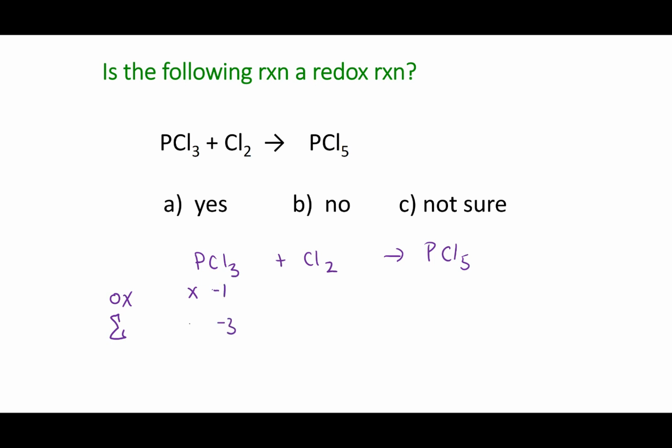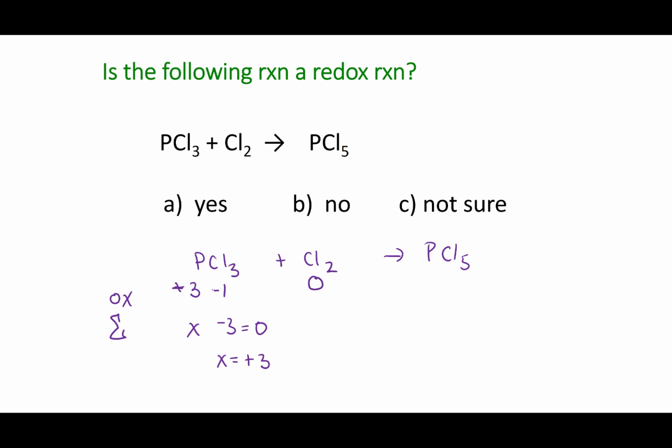So -3x, this all equals 0. So in this case, x equals +3. So in this case, my phosphorus is going to be +3. My chlorine is -1. Cl2, well, this is chlorine in its elemental form, so 0 for its oxidation state.